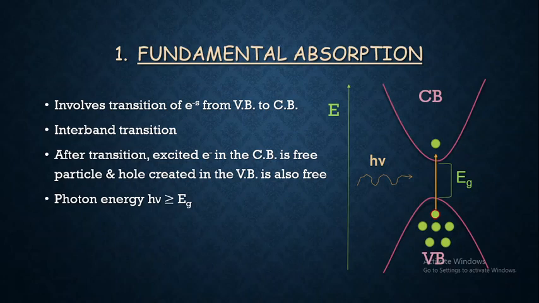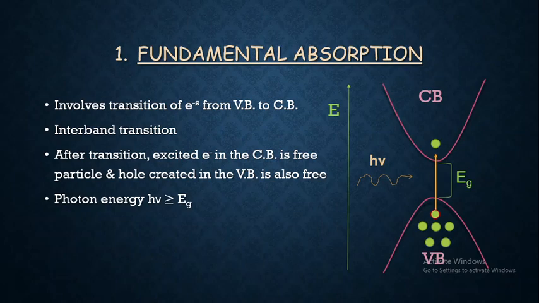That energy will be supplied by the incident photon, and if the energy of the photon is equal to or greater than the energy gap, then only can the electron from the valence band be excited to the conduction band. So for fundamental absorption to take place, this is a required condition.